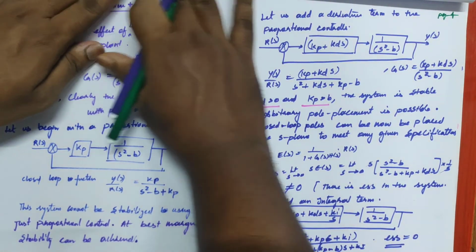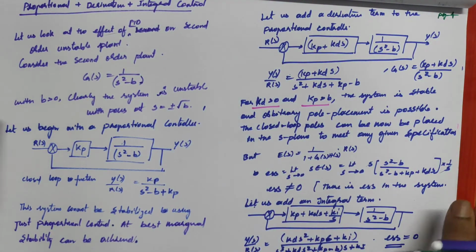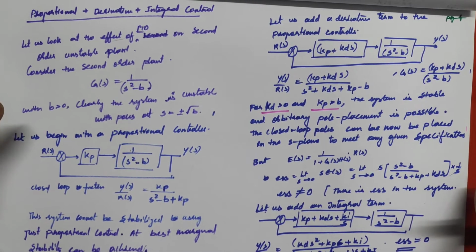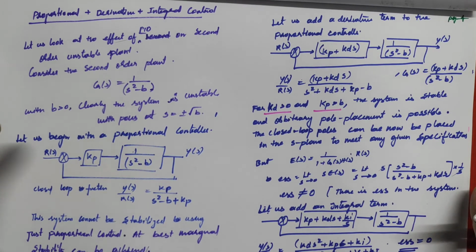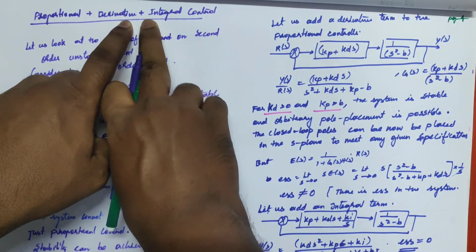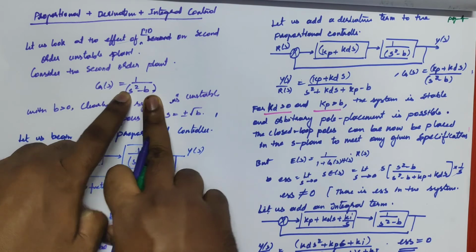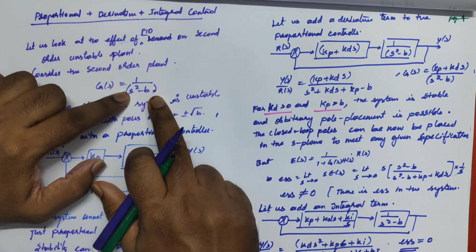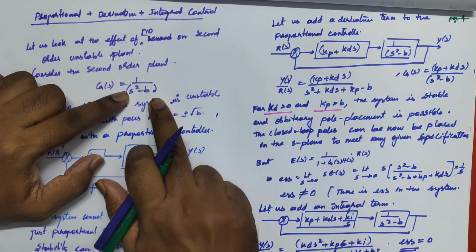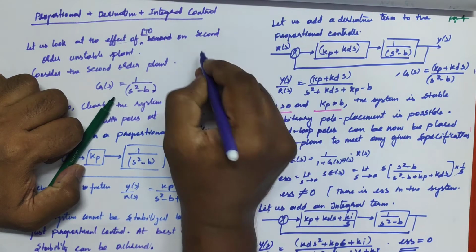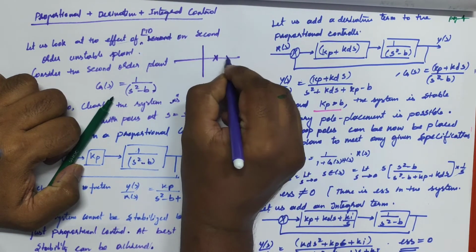Now let us see something called PID. We are incorporating proportional, derivative, and integral. It is so powerful. To understand the power of this PID, I have taken a completely unstable system. Why am I saying completely unstable? This system has two poles in the right half of the S-plane.